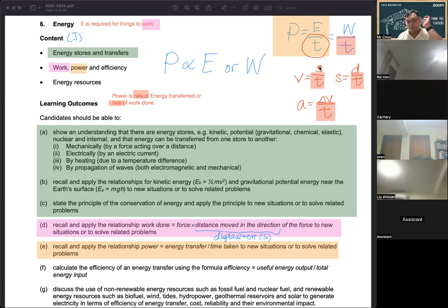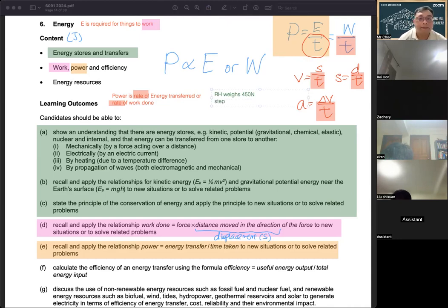Okay. So to test you, let me give an example question. For example, Ray Hong weighs 450 Newton. He climbed up a stairs.